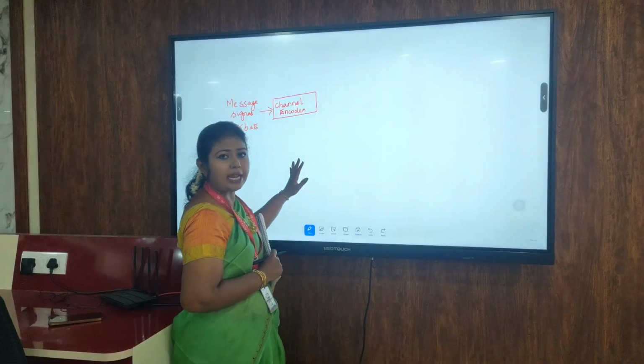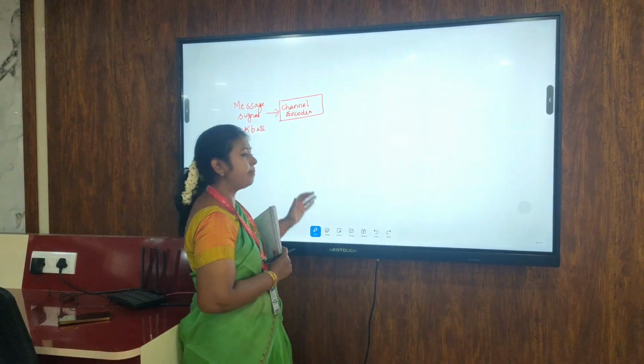The function of the channel encoder is to add some extra redundant bits.